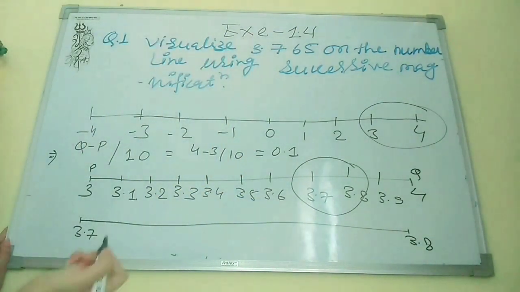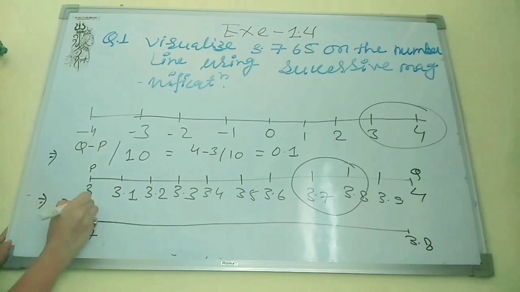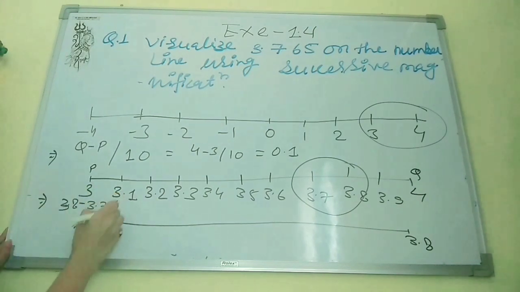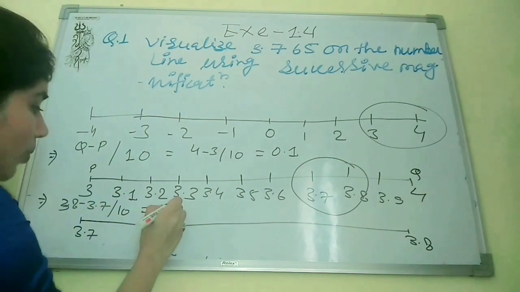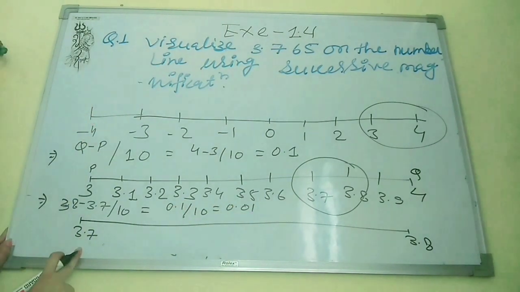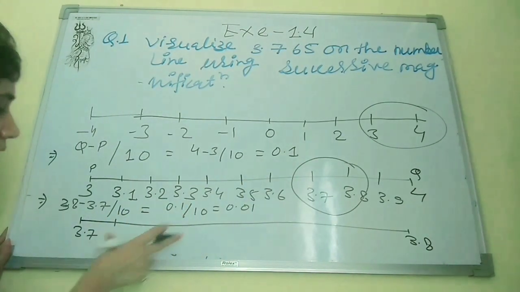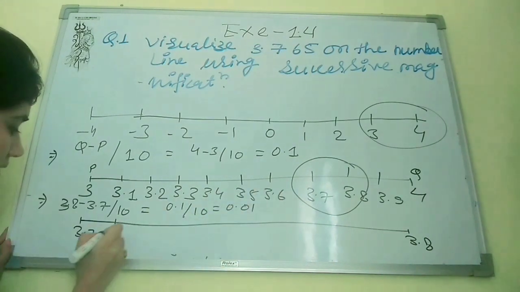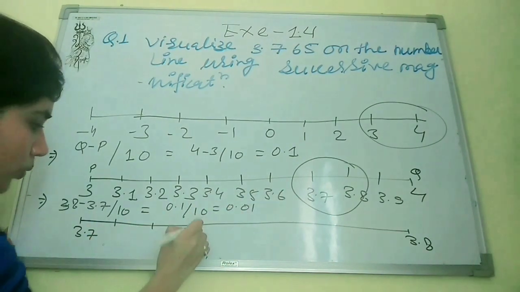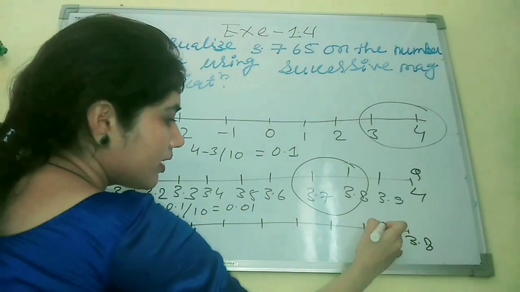So in the same way we will magnify this into 10 equal parts. This will be 3.7 and this will be 3.8. The same process we will do: 3.8 minus 3.7 upon 10, that is 0.1 upon 10, which is 0.01. Now we will add 0.01 to this. We are dividing it into 10 equal parts, so we mark 9 digits between these two: 1, 2, 3, 4, 5, 6, 7, 8, 9.